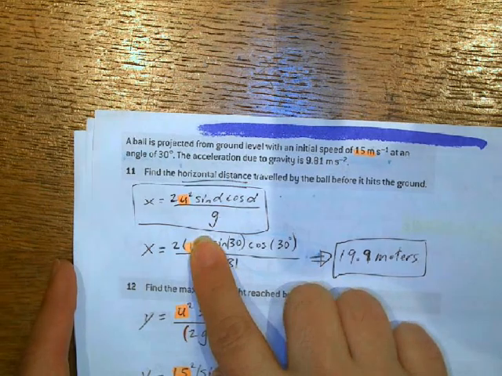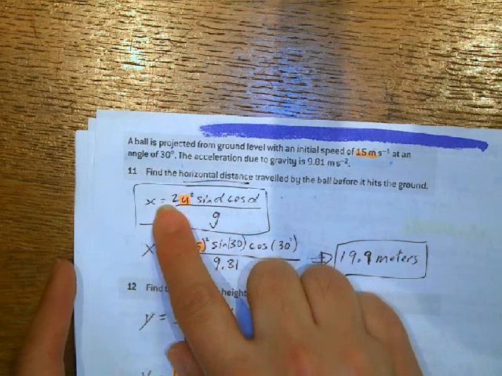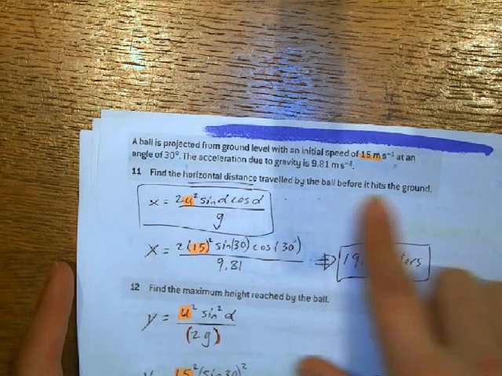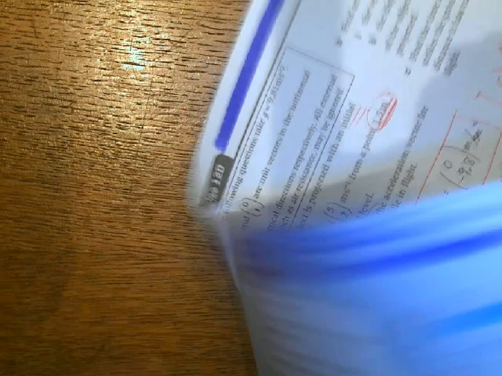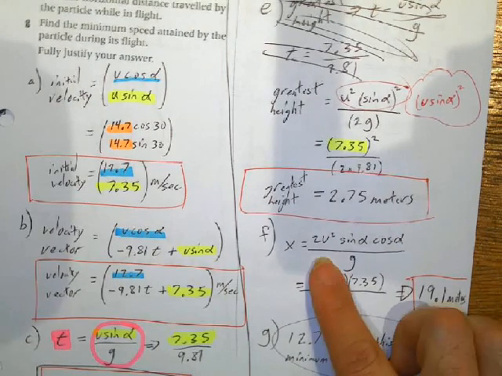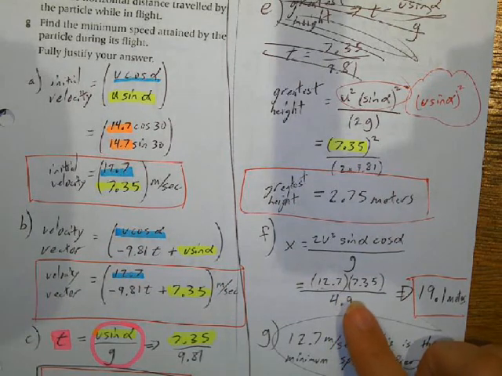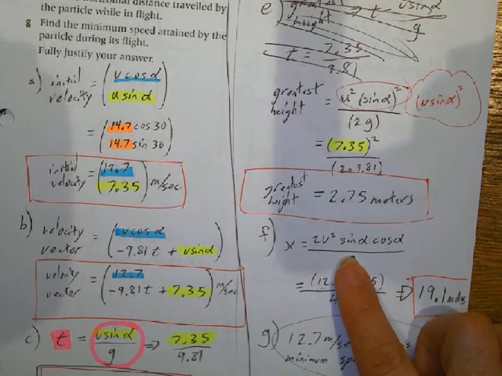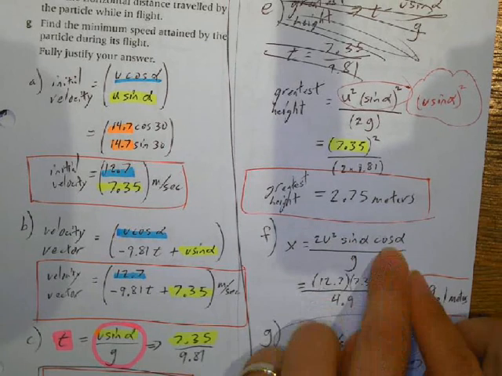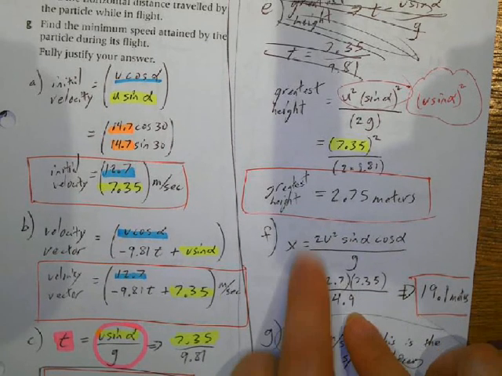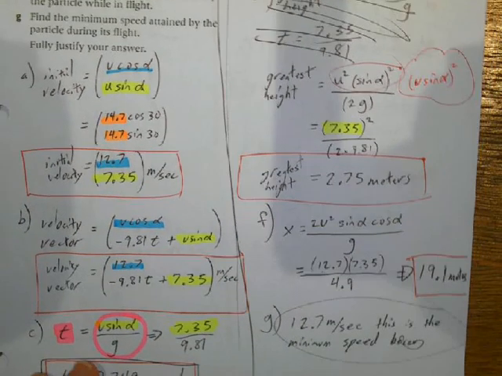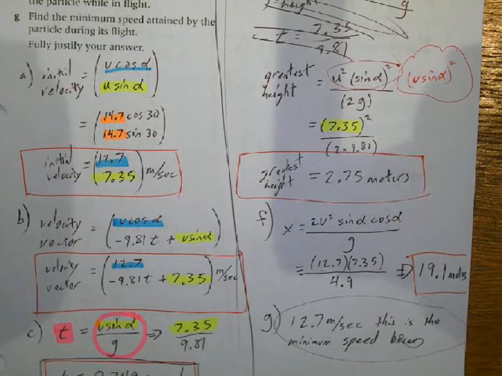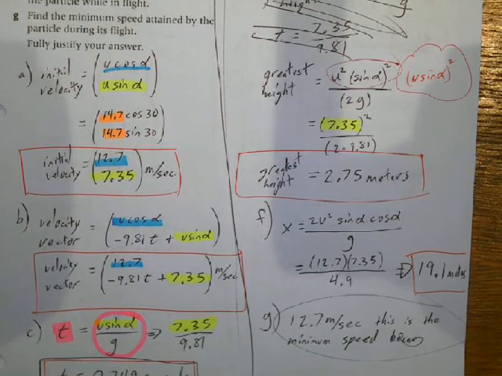So on question 11 here, the horizontal distance traveled, we used this equation. So we know that u sine alpha and cosine alpha gives me this, and 2 divided by gravity is going to give me 4.9. And then question G says, find the minimum speed attained, and we get this.